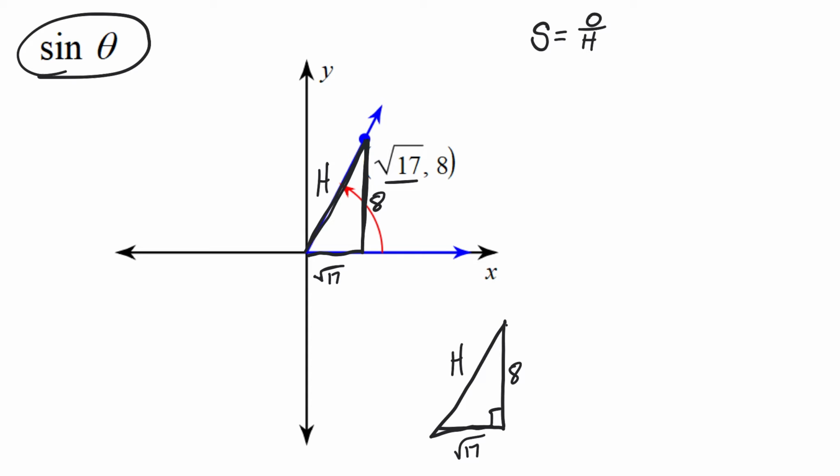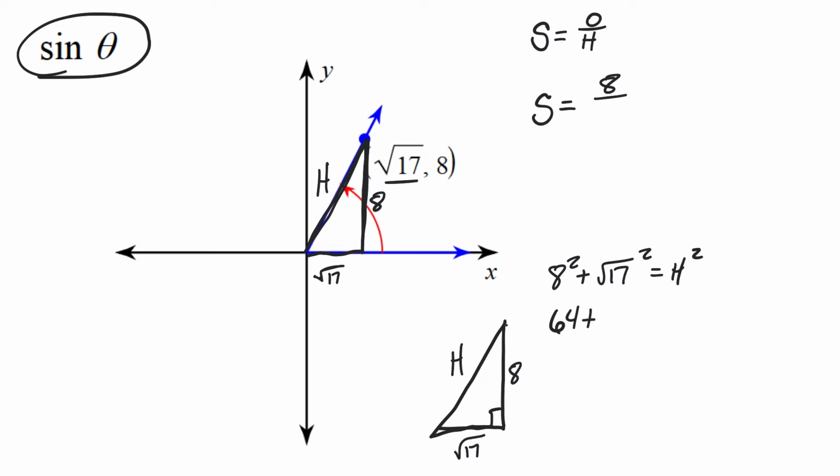So we can do Pythagorean's theorem to find out what our hypotenuse is, because we do have half of our answer already. Because remember, sine is opposite over hypotenuse. Well, we know the opposite side is 8 here. So we just need to find the hypotenuse, which is what we're looking for right here. So 8 squared is 64.